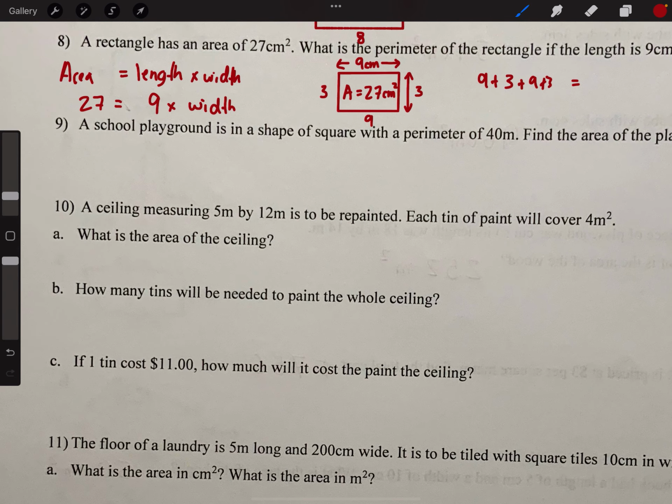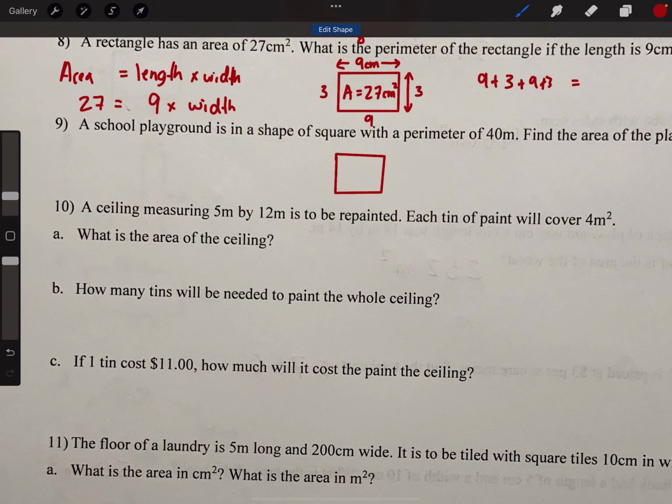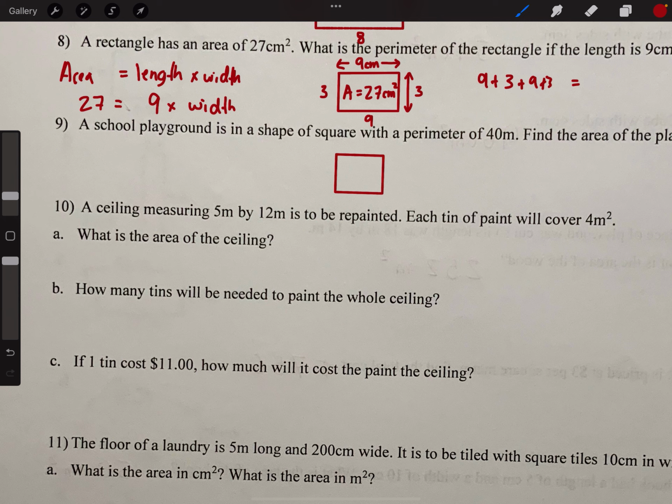Question 9. A school playground is in the shape of a square. Oh, there's no square here. Alright, good enough. Imagine that's a square. It has a perimeter of 40 meters.